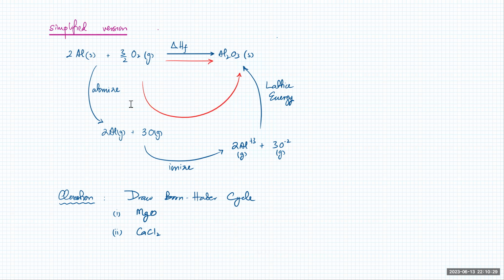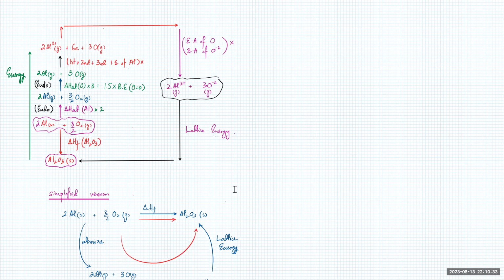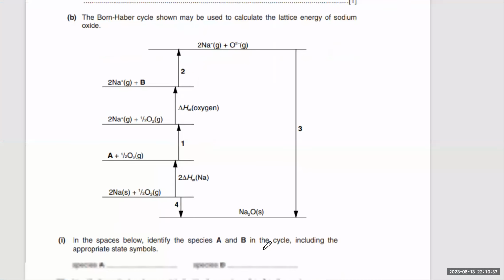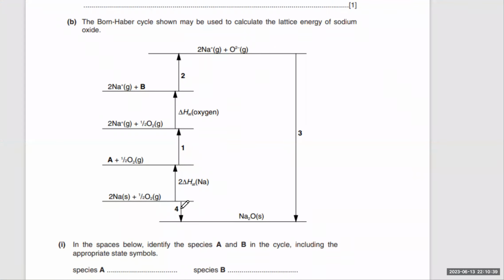So this is basically the more detailed version of the Born-Haber cycle. Over here, they've actually made the more detailed version, and they're asking you to label this. So what do you think 4 is? Was there any idea what 4 is?